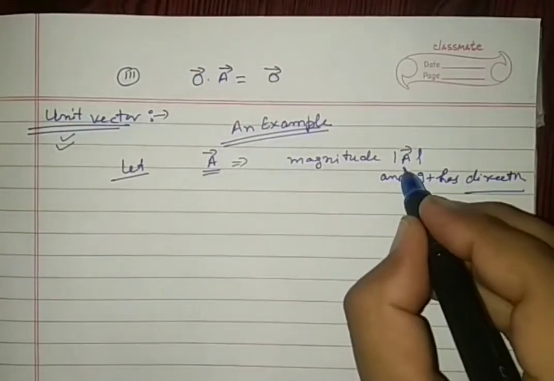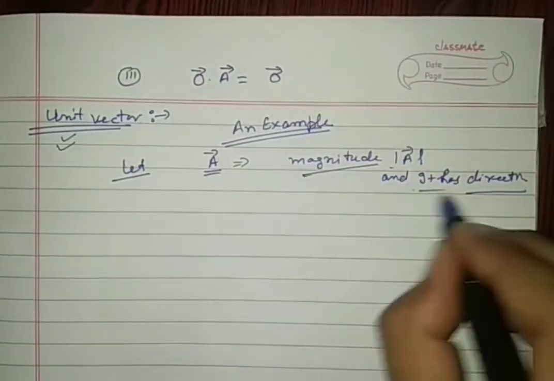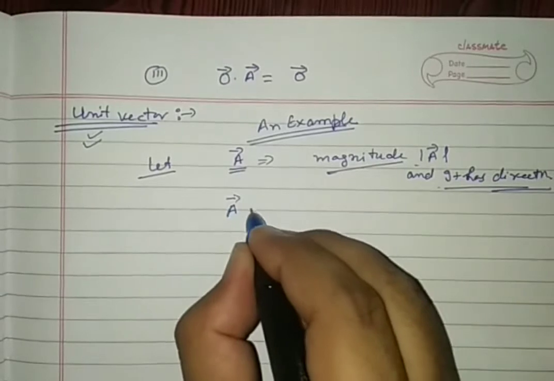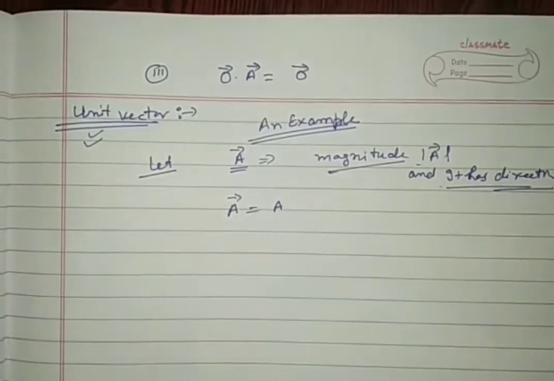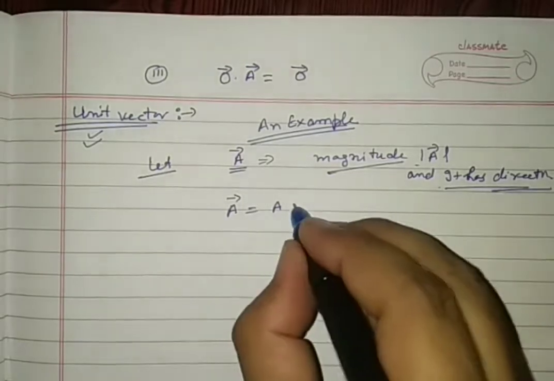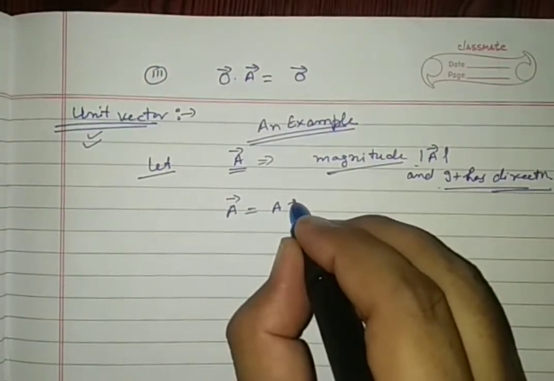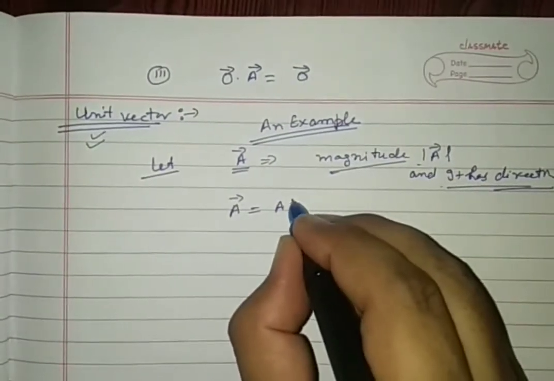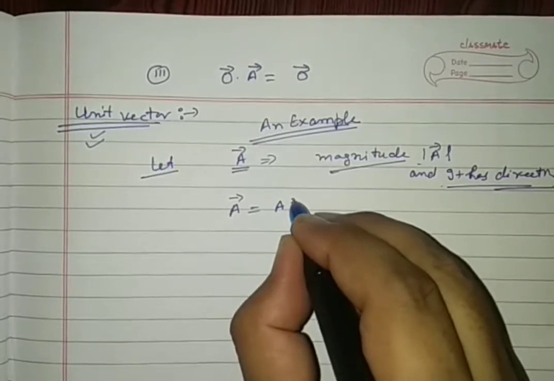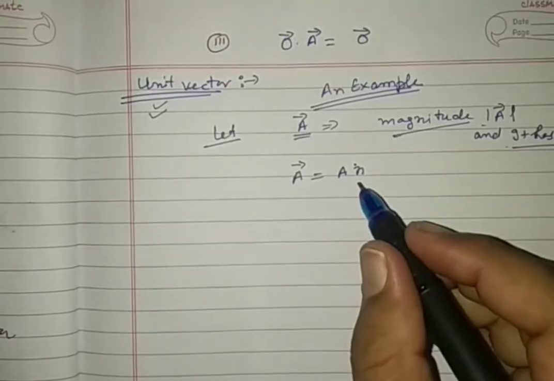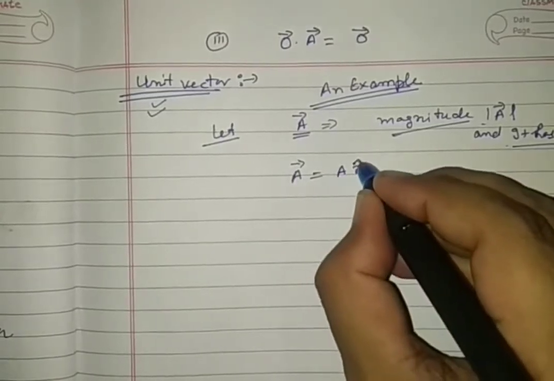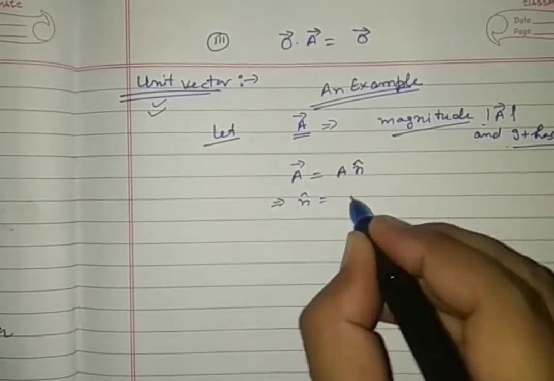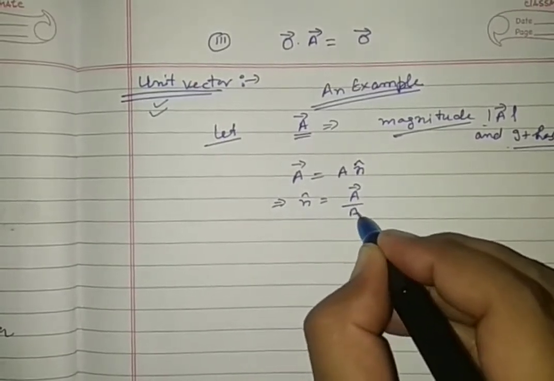So it has two things, magnitude and direction. See carefully this. Vector A has two parts. Let its magnitude be represented by A and direction be represented by n cap. This implies that n cap is equal to vector A by A in this case.